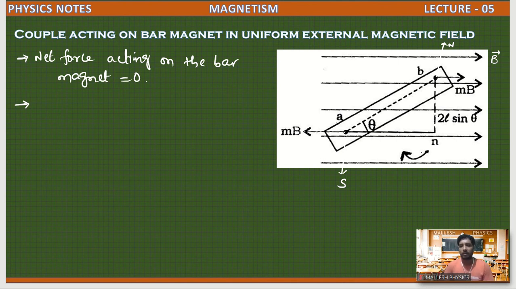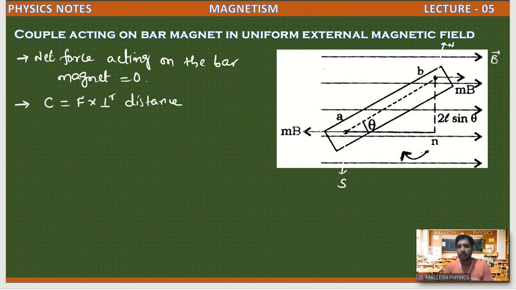That torque, or couple acting on this bar magnet, can be calculated using the formula force into perpendicular distance. Let us take the length of the magnet as 2L, and as the force is acting in the horizontal direction, the perpendicular distance is 2L sin theta.